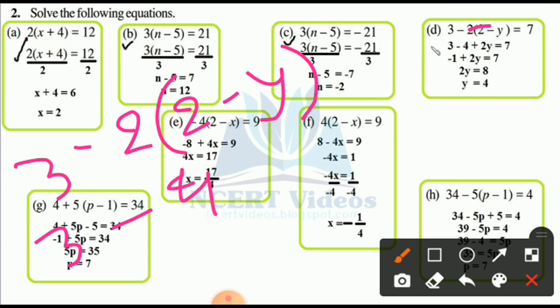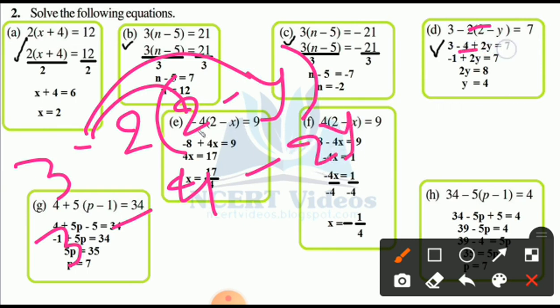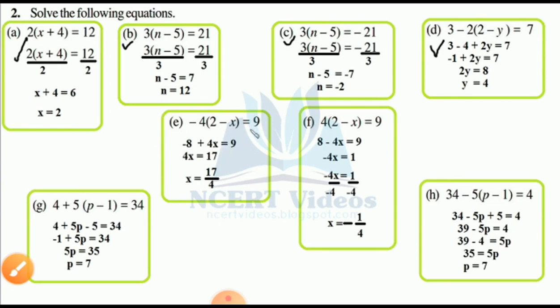That means 4. Now minus into minus, this 2 and this 2. Is it or not? And 2y. Can you get it here? Yes, correct. Same way, now 3 and 4, that means minus 4, minus 3 plus minus 1 plus 2y is equal to 7. Minus 1 on the right side, so it will become 8. 2y is equal to 8 and y is equal to 8 by 2. 8 by 2, that is 4.